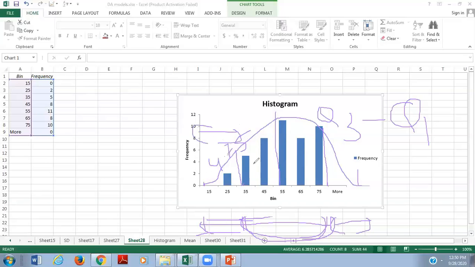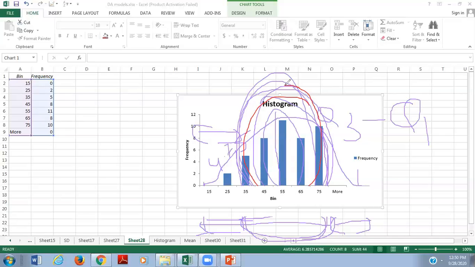So 50% of the data will lie in the interquartile range. This is the interquartile range, the middle, right?